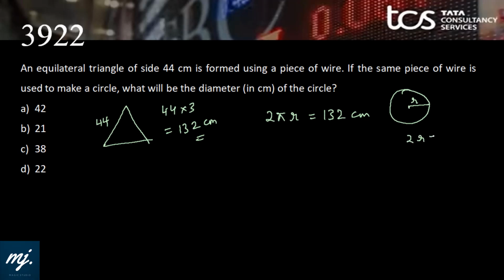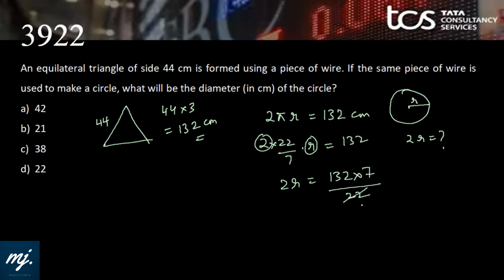We are looking for the value of 2r. Now 2 into 22 by 7 into r is 132, so 2r is 132 into 7 by 22. 22 goes 6 times, and 6 into 7 is 42. Diameter is 42 centimeter, and that is option A.